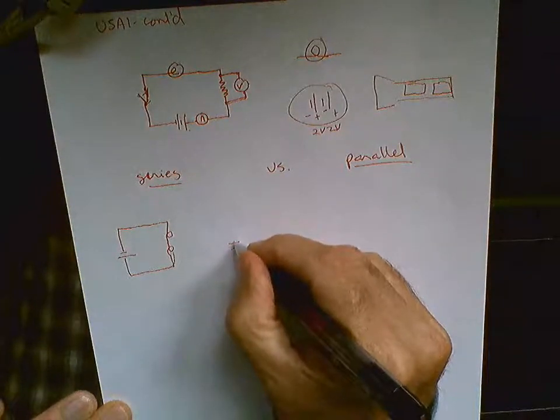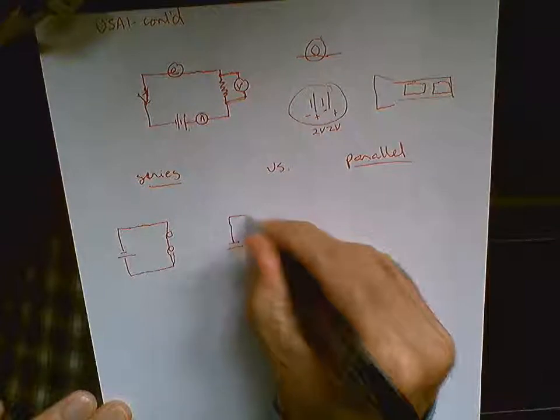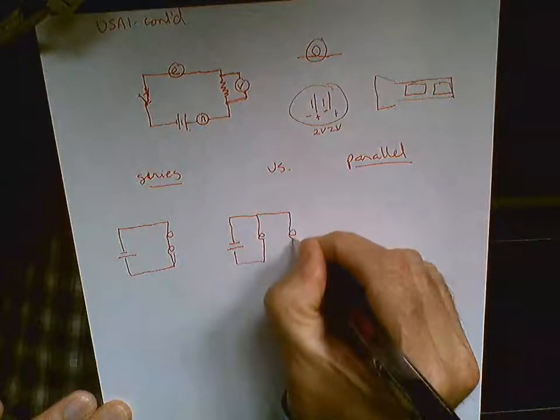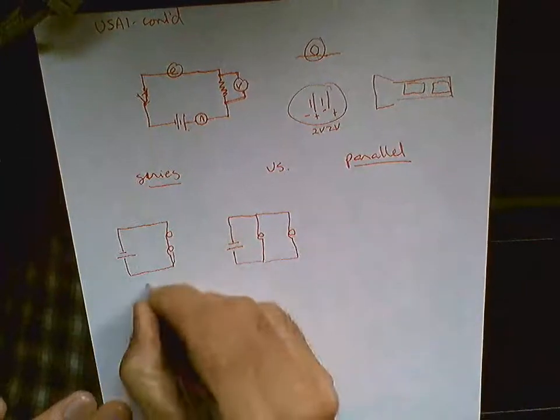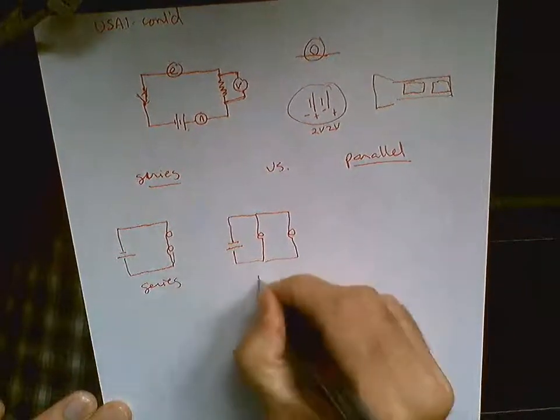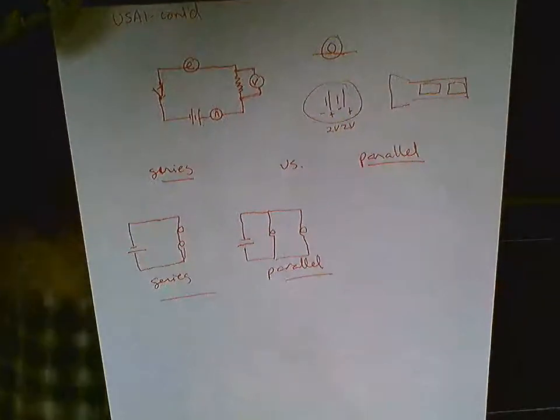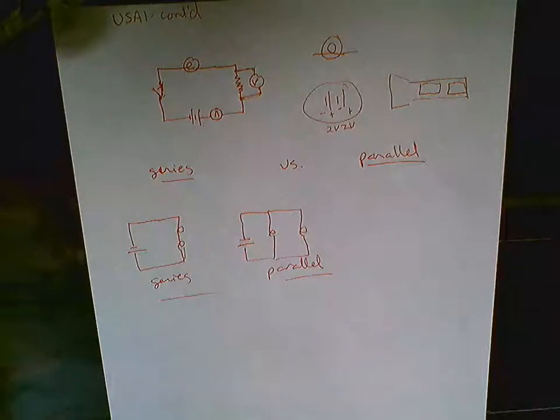This one is parallel. We've got a light bulb on one circuit, and then we've got another light bulb on another circuit. So this is series, and this is parallel. Take a look at some circuits and this drawing of some circuits before you move on to activity 2.